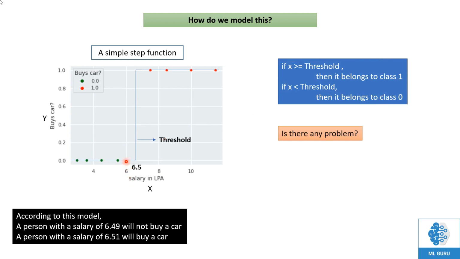Suppose a person has a salary of 6.49 LPA, so it will be somewhere around here, which is just towards the left of this threshold. Now this particular point will be classified as 0 according to the model. On the other hand, if a person has a salary somewhere around 6.51, which is just towards the right side of this threshold, this point is classified as 1.